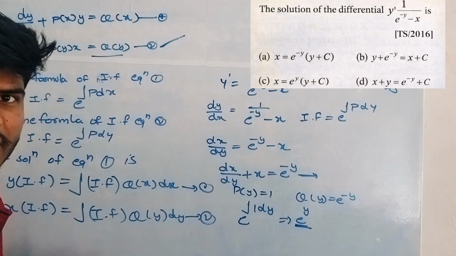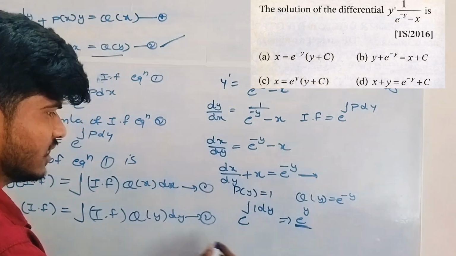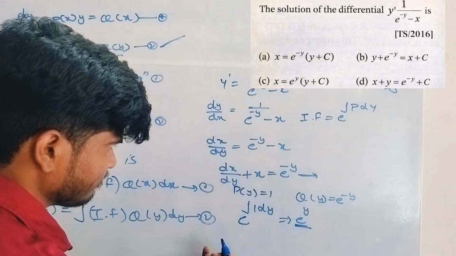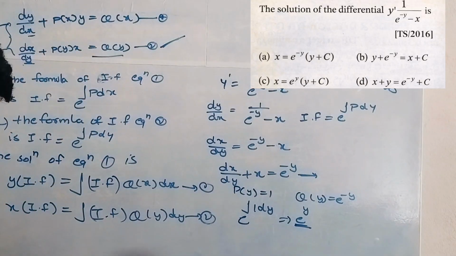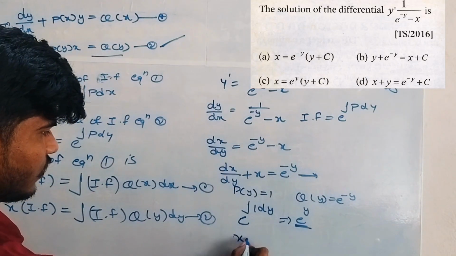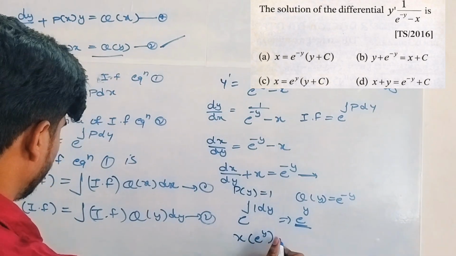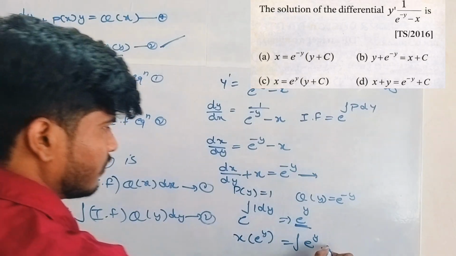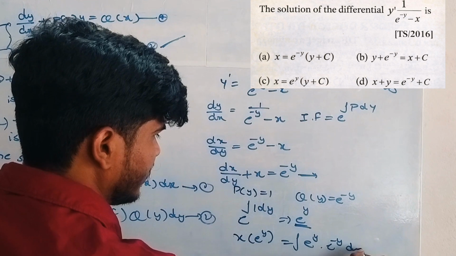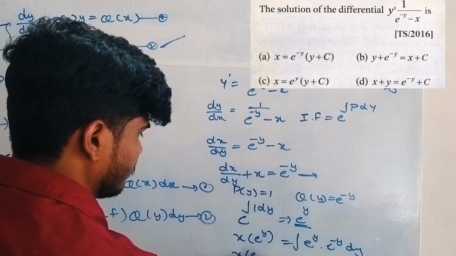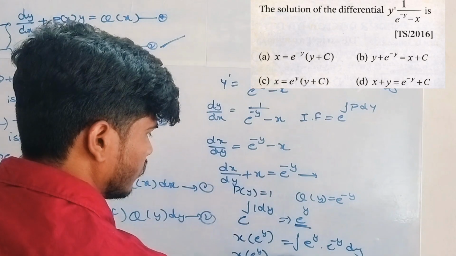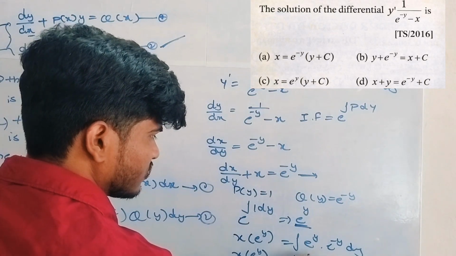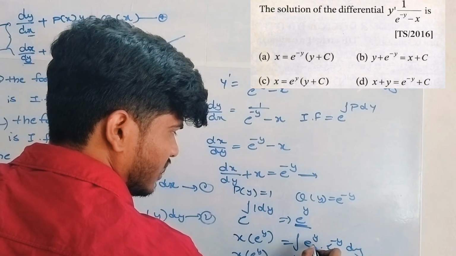Now we find the solution of this differential equation. x into e power y equals integral of e power y into e power minus y dy. So x e power y equals integral of e power y minus y, which is e power 0, dy.